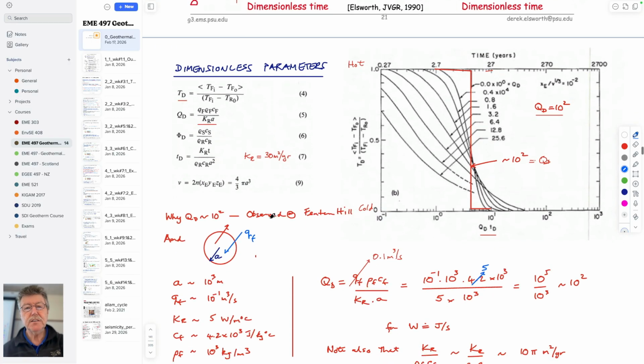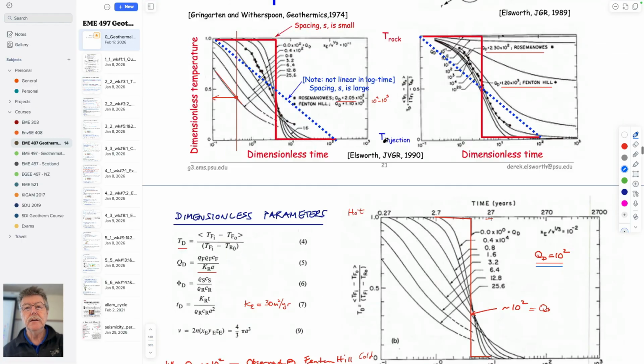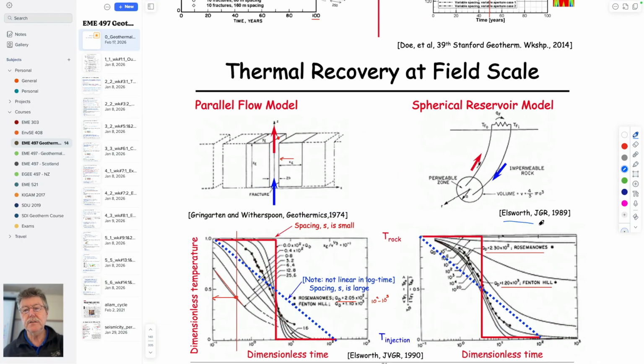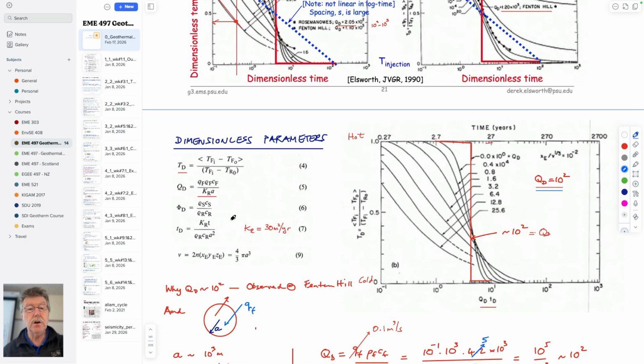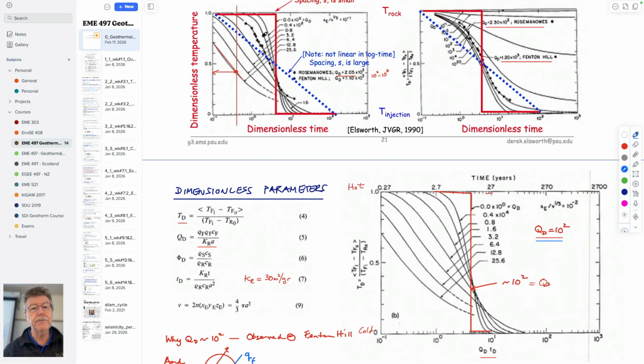And I just made the point last time that if you choose a flow-through rate, there are certain analyses. You can find the reference to this, actually this one, which is what it's taken from, to be able to show what these behaviors are. And in terms of non-dimensional parameters, typically the field results from Rosemanowes, which is the one in the UK in the 1980s.